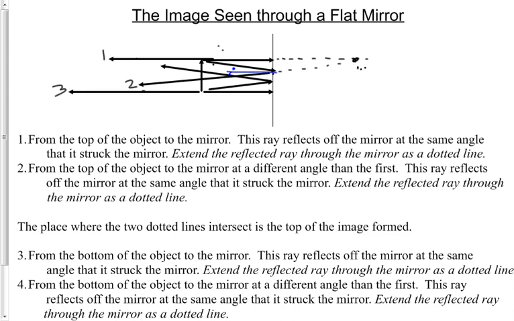Ray number 3 and ray number 4 don't intersect, so we're not going to get an image of the guy's feet in front of the mirror. Let's extend the reflected portion of those rays. If we extend ray number 4 backwards like this, and ray number 3 backwards like this, then we find the image of the guy's feet appears over here, again on the other side of the mirror.